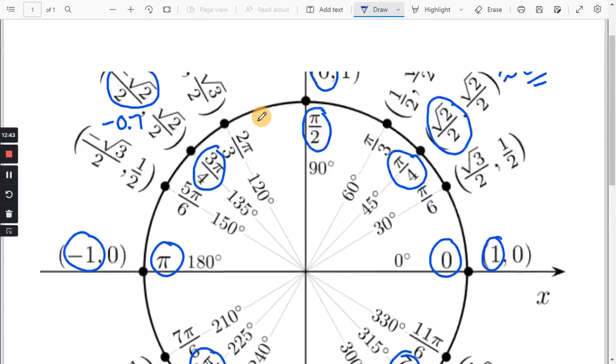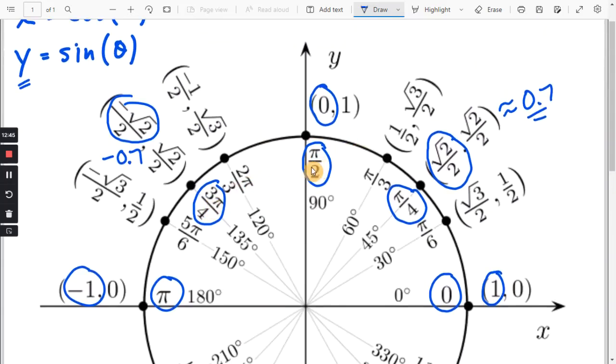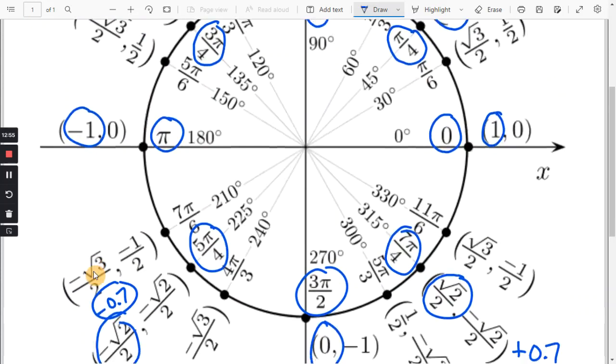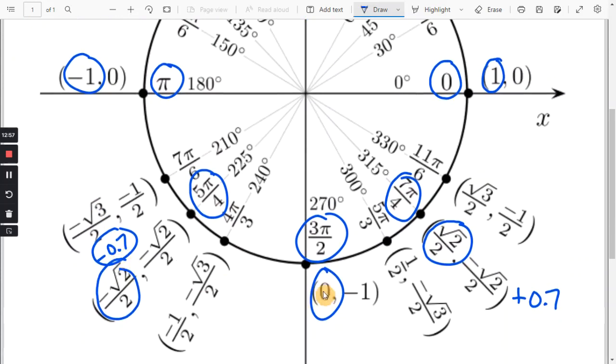All right, so I filled in the values for the angle measurements. I'm just going to fill in the x-coordinates here. Negative 0.7, negative 1, negative 0.7, 0, 0.7, and then 1.